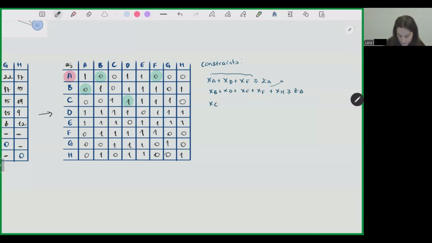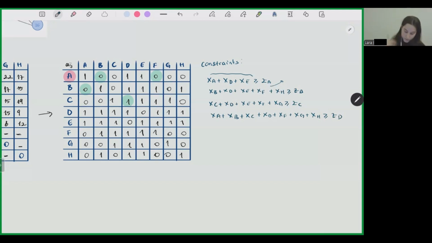So XC plus XD plus XE plus XF plus XG, one of these should be opened to be able to cover node C. For D, A can be opened, B, C, D, F, G, and H, basically everything but node E can cover node D. So it should be more than or equal to ZD.